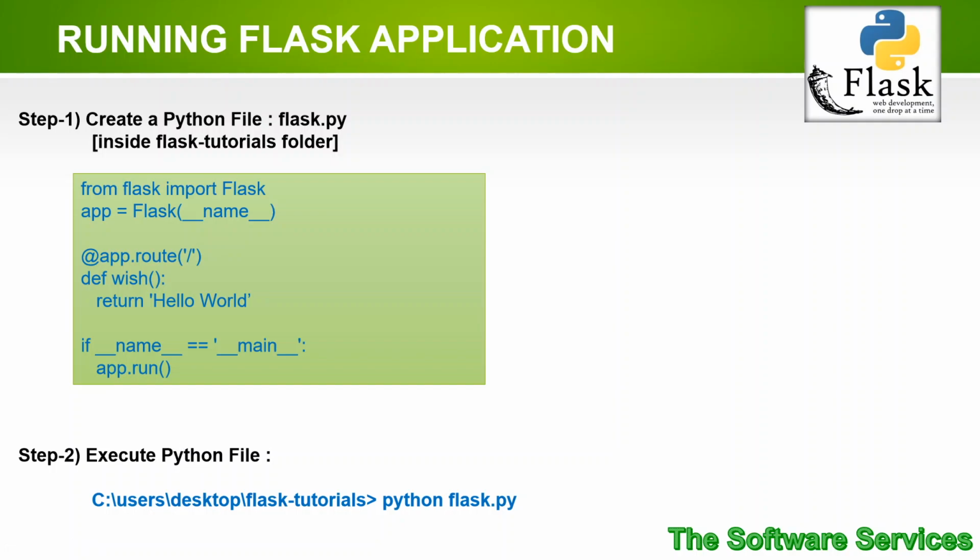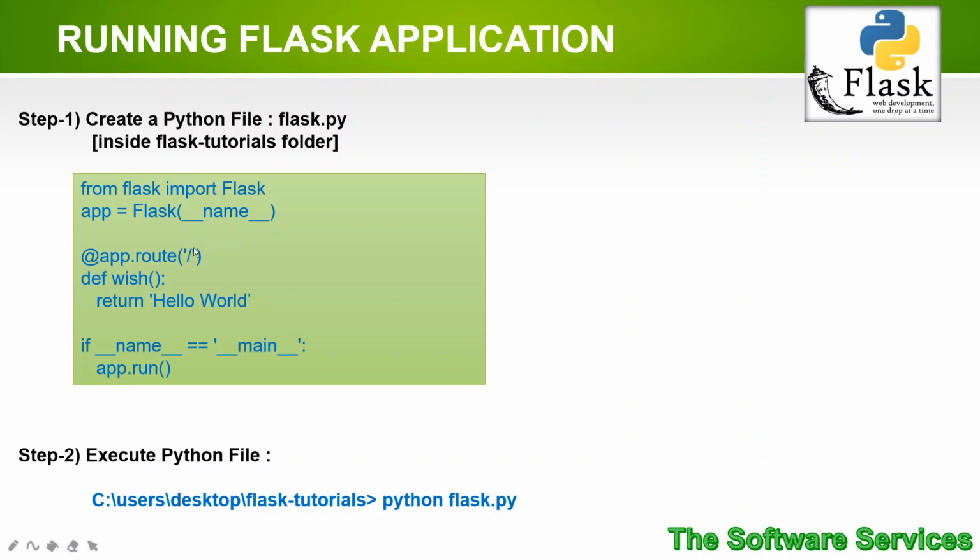After the development server starts, one IP will come. Whenever the user goes and types that IP address into the web browser, this hello world string will be returned to the web page as a response.